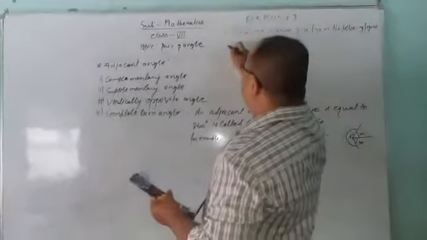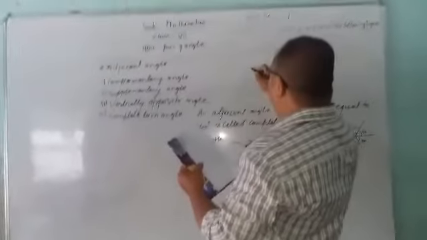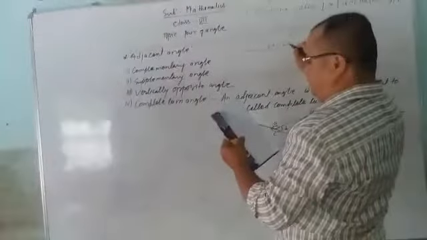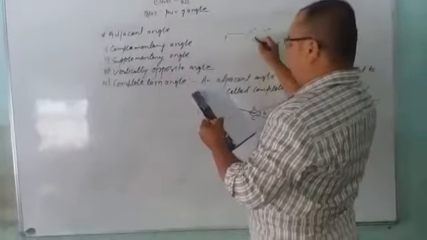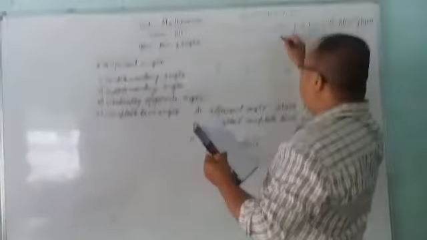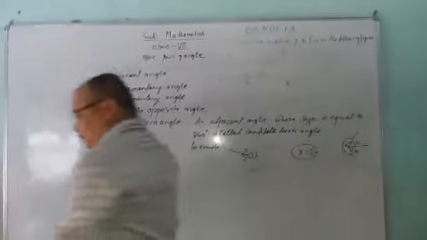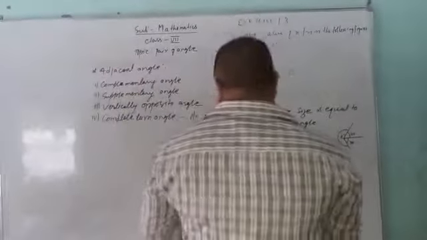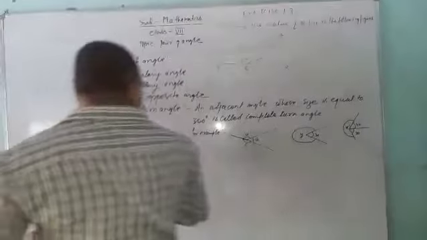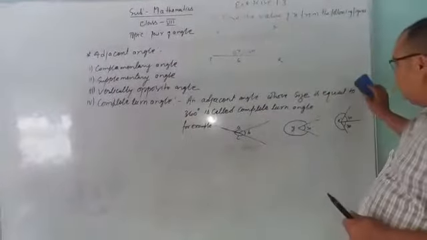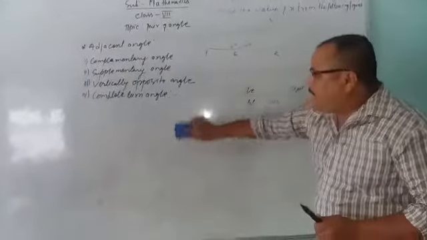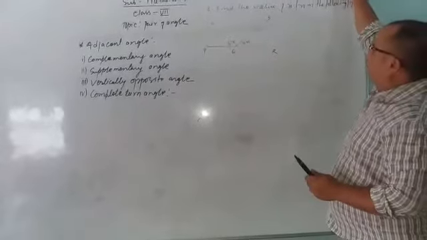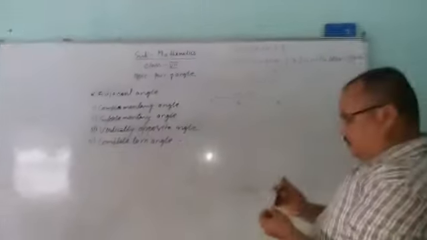And question number 1, here is 6x and 4x, P, Q, R, and here is S. So my dear friends, look at here.